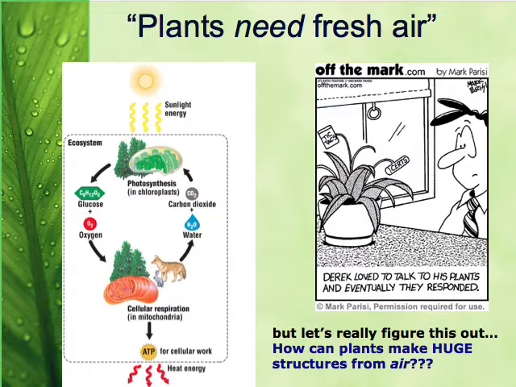You might have heard the phrase that plants need fresh air, and that is true. Plants do need air in order to be able to do photosynthesis. But how is it that plants can make huge structures from the air? First off, recall the relationship between photosynthesis and respiration in any ecosystem.